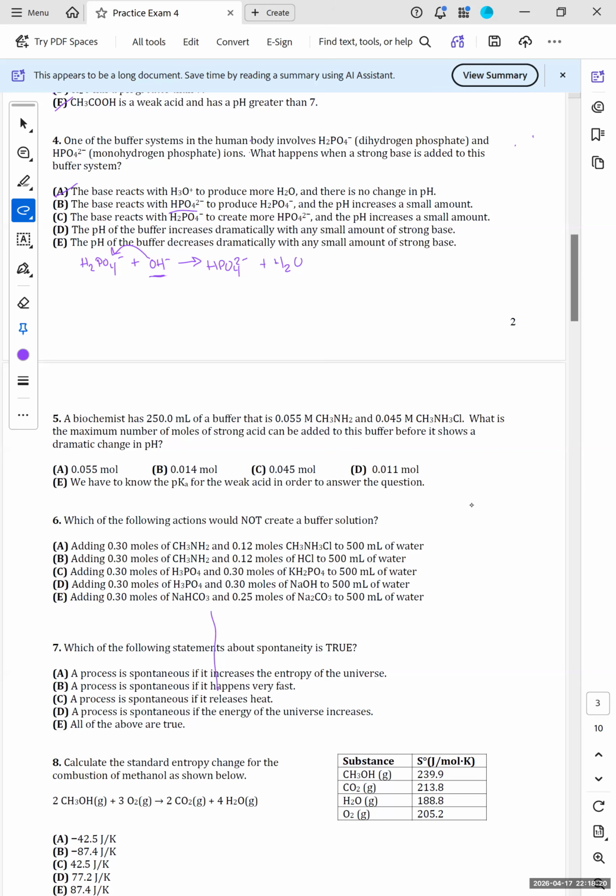So the pH increasing a little bit might throw you off here because you're like, yeah, it should increase a little bit. Well, you have to see what the base is reacting with, and it's not reacting with HPO4 2 minus, it's reacting with H2PO4 minus. So I'm leaning towards C. The pH, it's not increasing dramatically. Nope. And the buffer decreases dramatically. Nope. So those are throwaways. So the answer to this one's C.